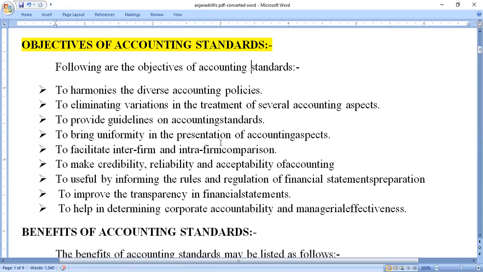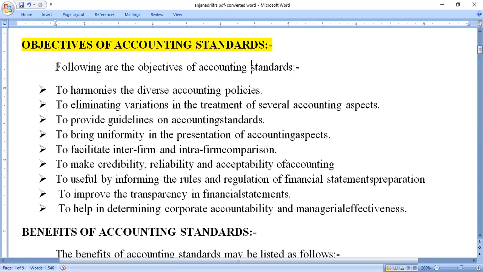It must be universally acceptable. Without following uniform accounting standards, we are unable to prepare the financial statements of the organization.